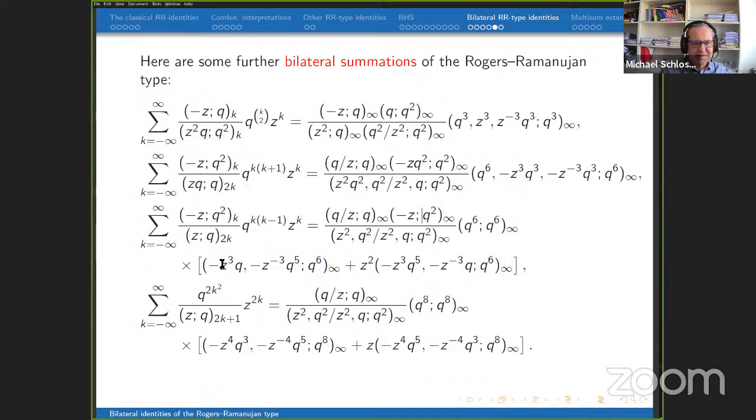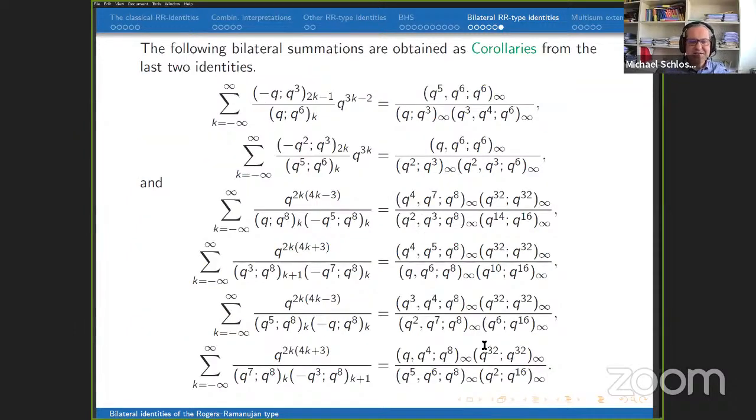And other identities. And we can specialize the z. So here we don't need to specialize z because we already have a product. Here you might say this is not really a product formula because we have 2 terms. So if you just want to have 1 term, you can specialize z so that this simplifies. And we get additional identities.